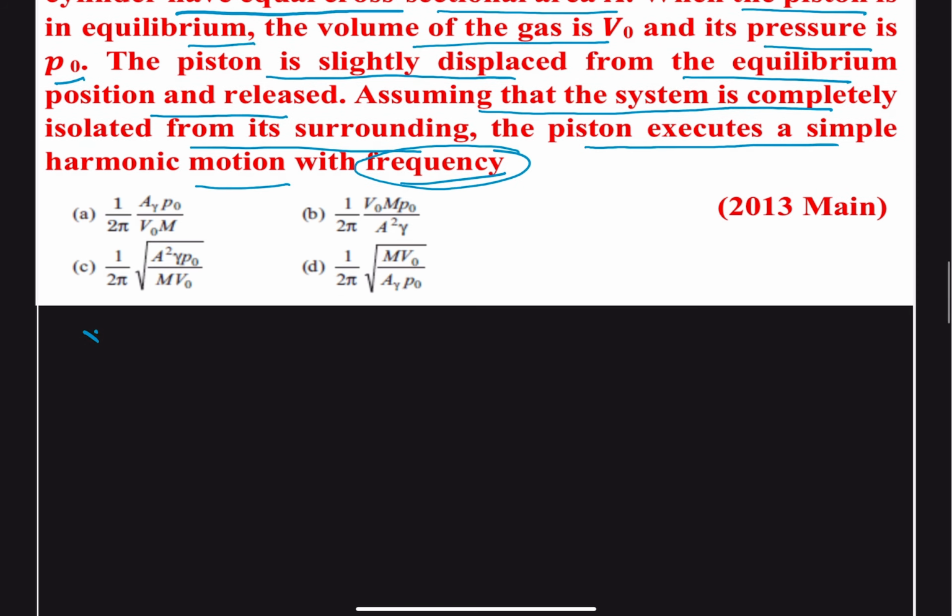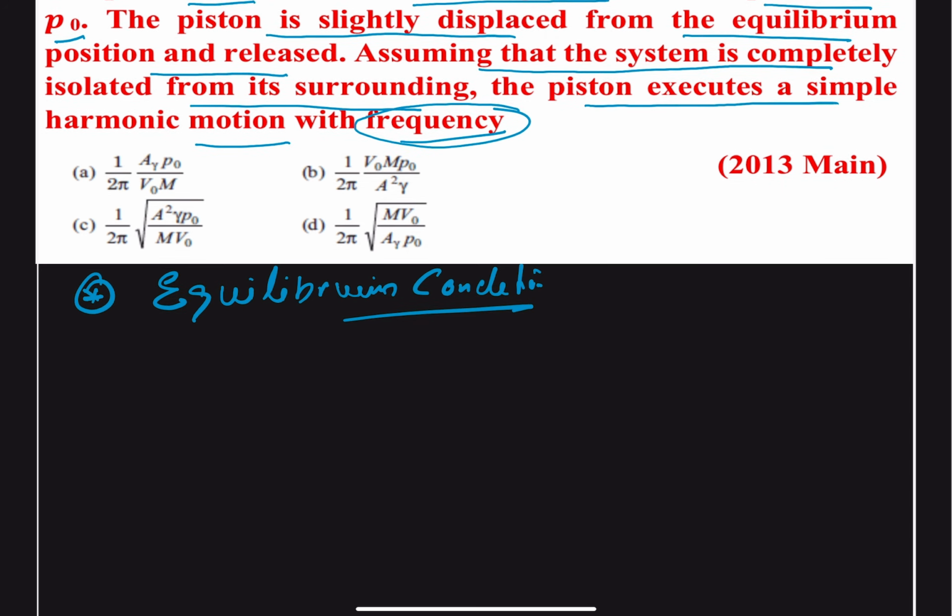So under equilibrium condition, we can write the equation that P naught A will be equal to M multiplied by g.